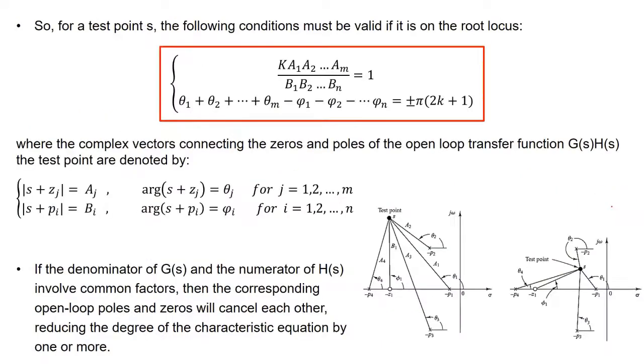Complex numbers. So now, we learned that the magnitude condition will be what? K times A1 all the way to Am divided by B1 all the way to Bn equals 1.